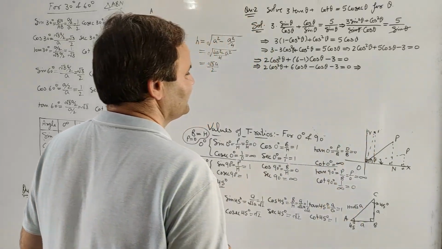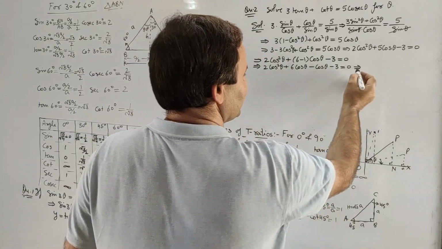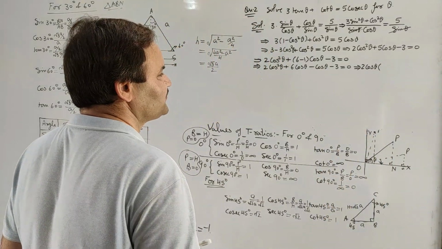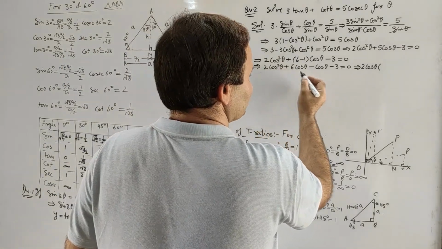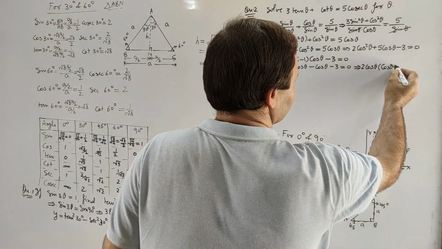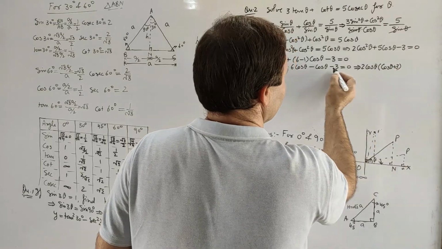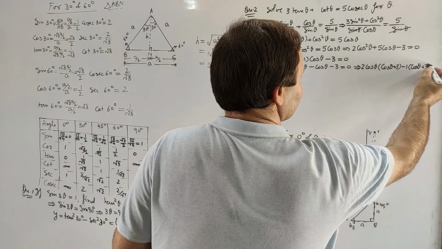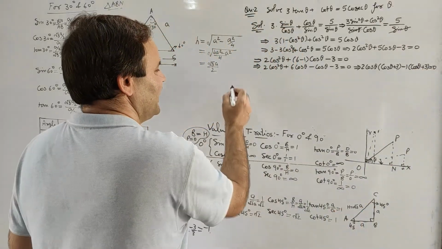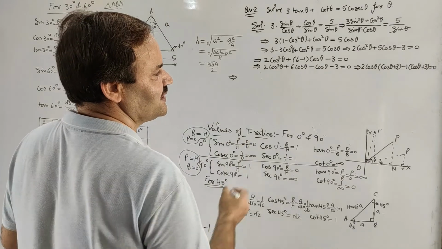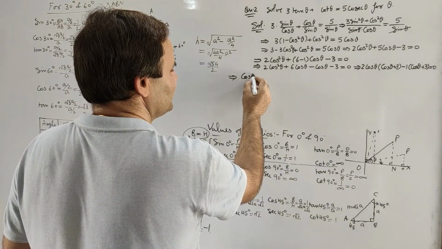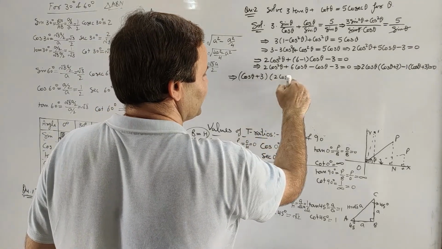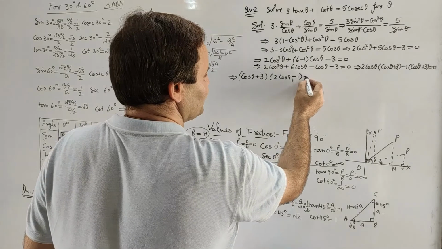This implies if we take 2 cos theta as common, then it will give cos theta plus 3, and from here we will take minus 1 as common to get cos theta plus 3 equal to 0, and this will give cos theta plus 3 as common, 2 cos theta minus 1 equal to 0.